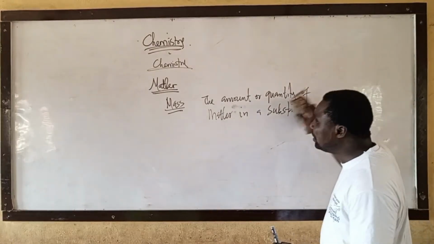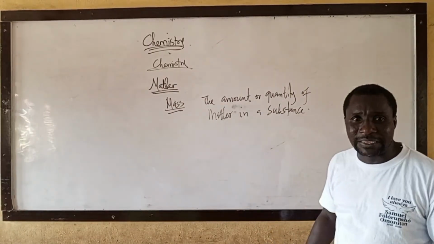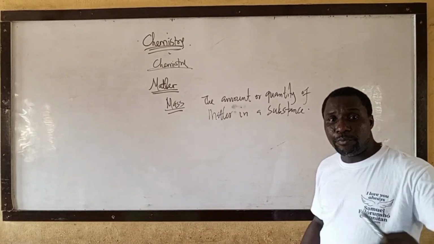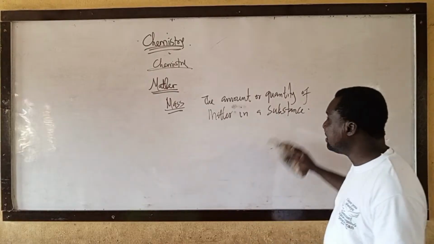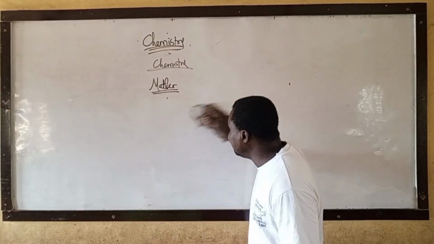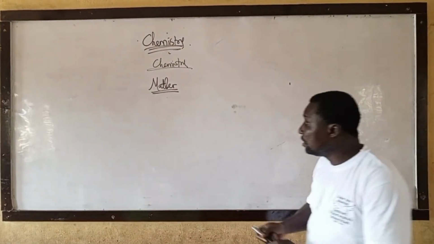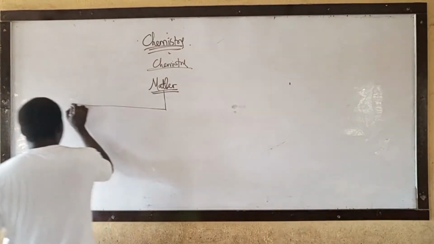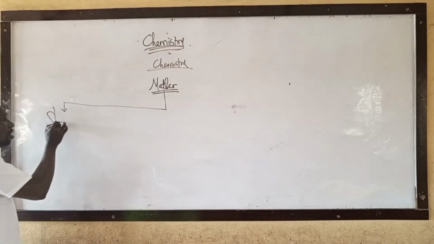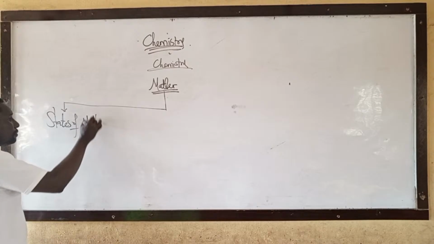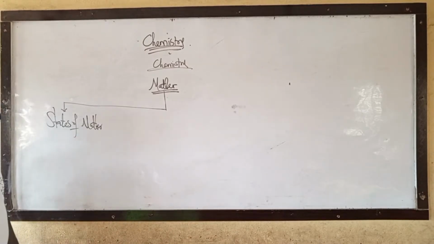Then in chemistry, how do we study this matter? I told you that you need to know the compositions, properties, and uses of matter. And this is everything you have to know about matter in chemistry. The first thing, state of matter.